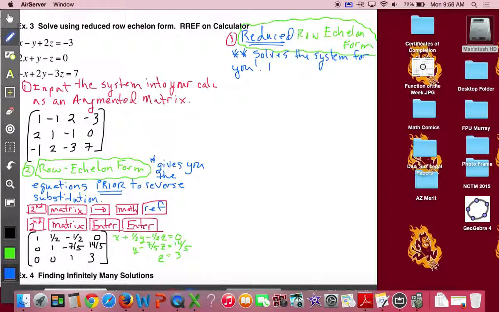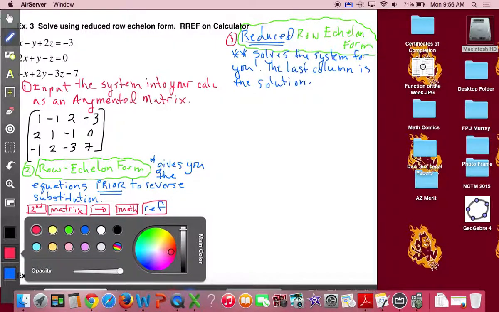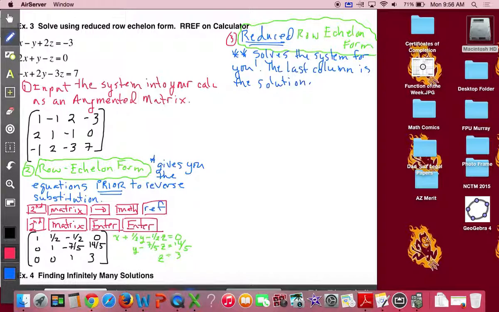The last column is the solution. So for instance, we're going to write the directions to find reduced row, and they're nearly identical to the directions you just wrote for row echelon, except you're going to look for RREF.